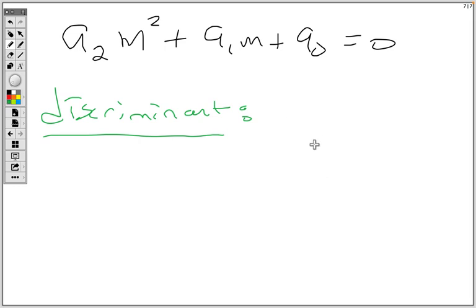The discriminant is what discriminates what type of solutions we can expect. The discriminant is the b squared minus 4ac.